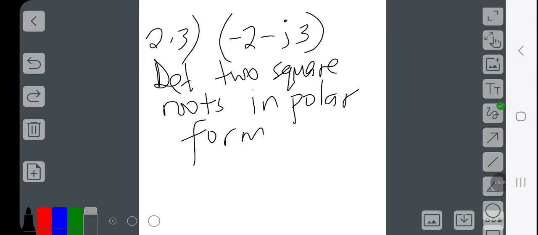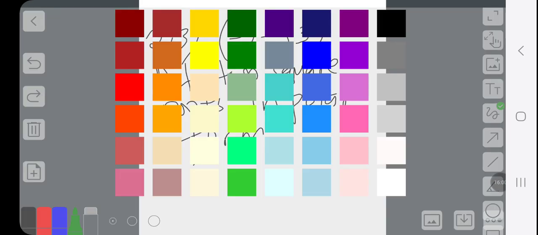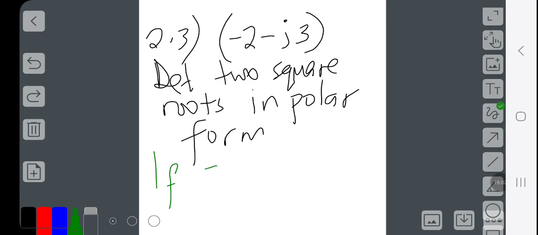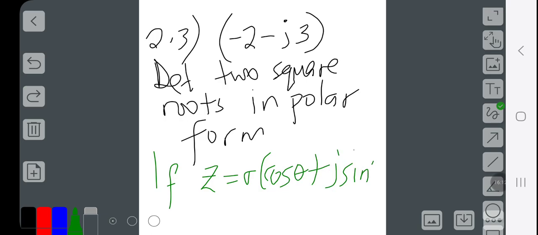So guys, before I solve, as you can see from the formula that I showed you, the formula was saying if z is equal to r cos theta plus j sin theta. This one is a polar form.